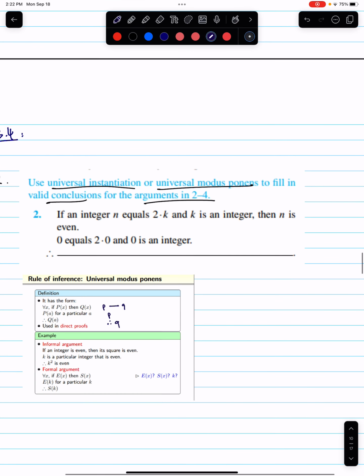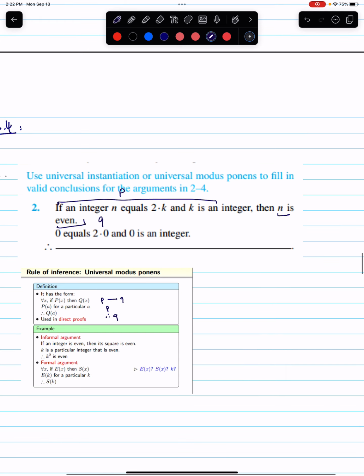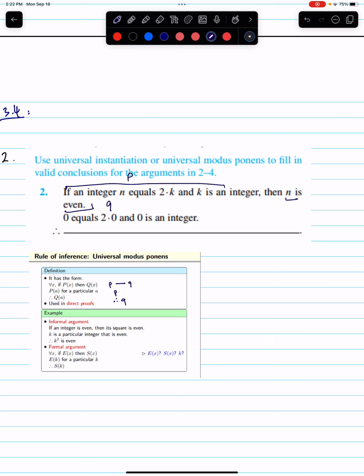So let's look at this, right? If an integer n equals 2k and k is an integer, then n is even. So we can say this is P and this is Q. If an integer n equals 2k, and here it says 0 equals 2 times 0, then k is an integer.